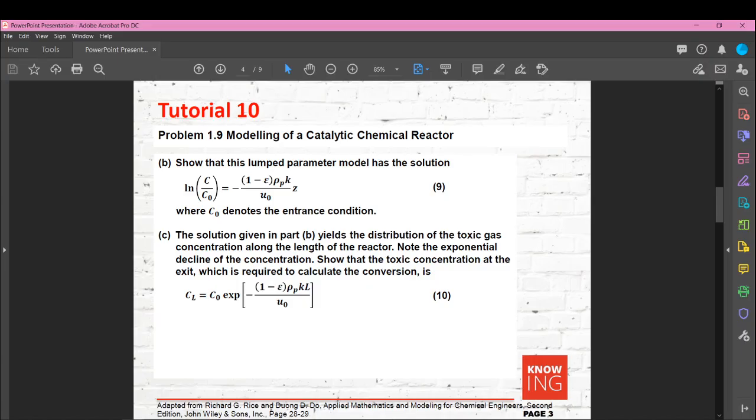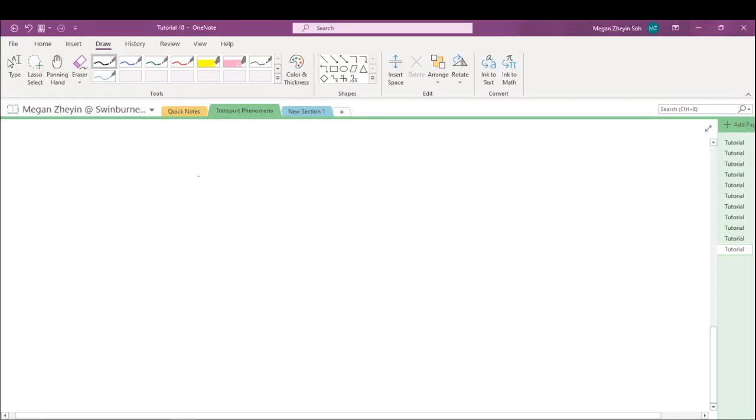The solution given in part B yields the distribution of the toxic gas concentration along the length of the reactor, and note the exponential decline of the concentration, and show that the toxic concentration results in this. All right. So for part C, from B we know that we have found this equation over here.